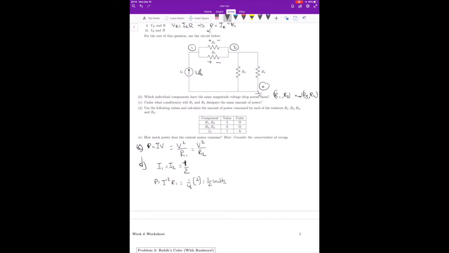Okay. And similarly, this I1 is going to go through here, split up, and then come back together. So the current here is also going to be 1 amp. And so we can use the same property that we just did for R3 and R4. Since they're equal, it's going to split up evenly.